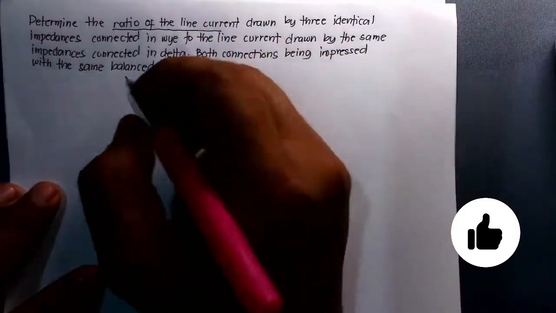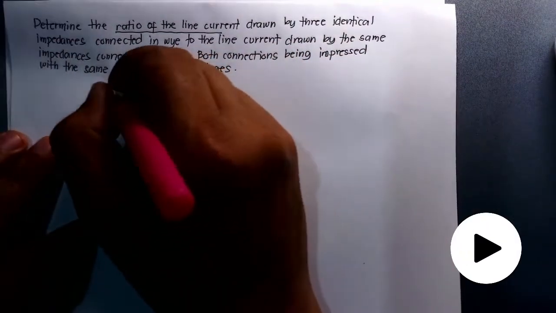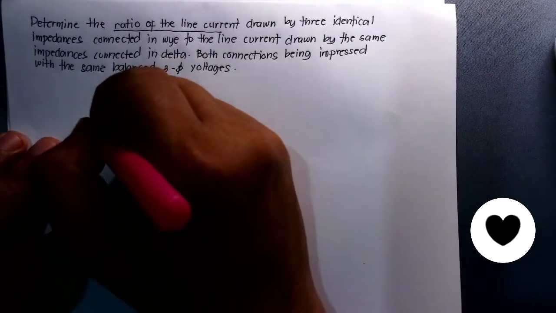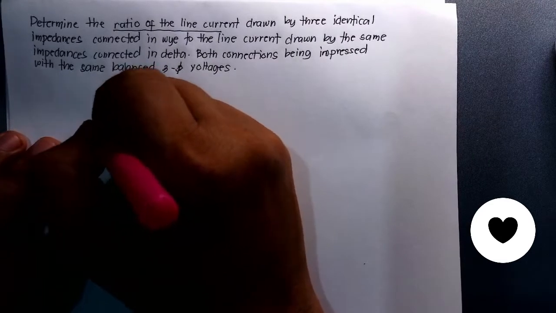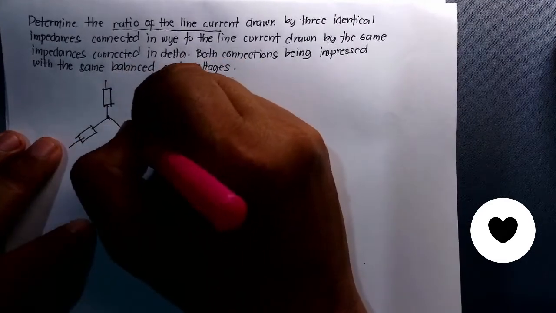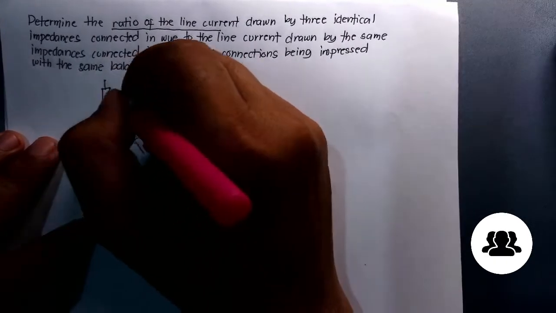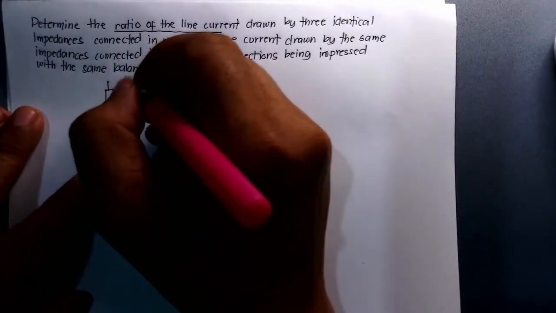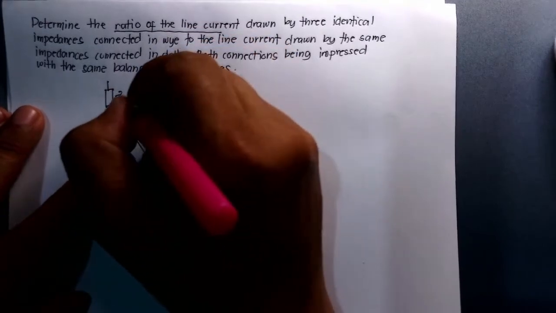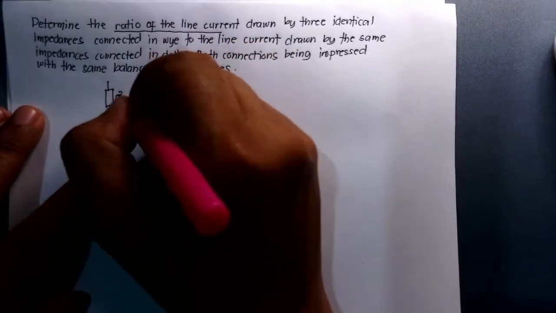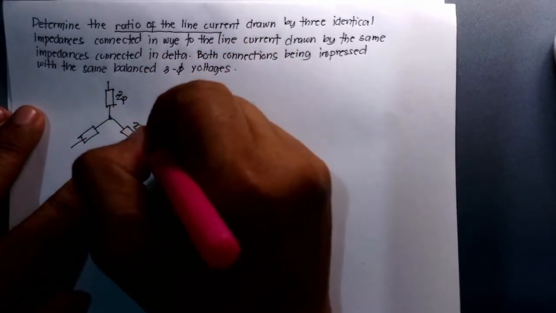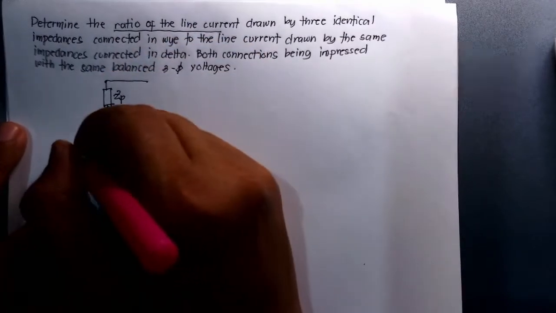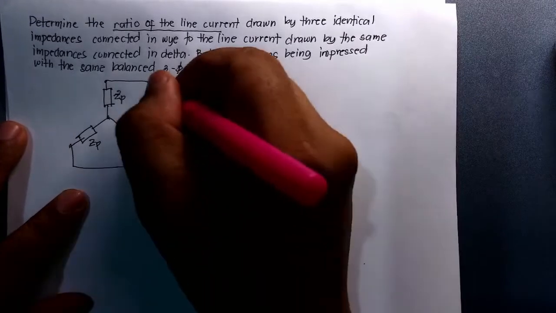So let us have this illustration. This is the impedance. Let's say, since these impedances are the same, let us have Z sub P, Z sub P, Z sub P. Okay, and these are the terminals.